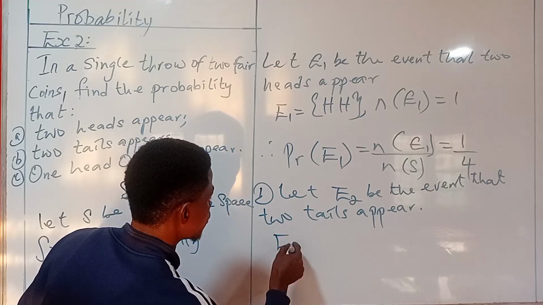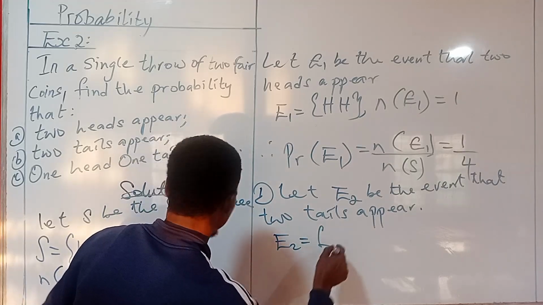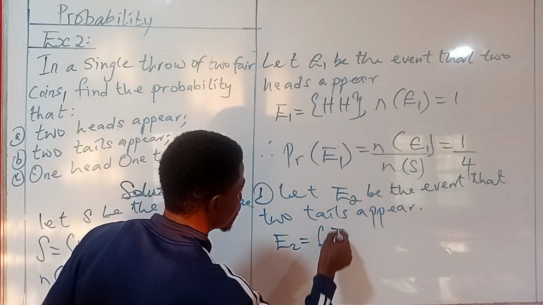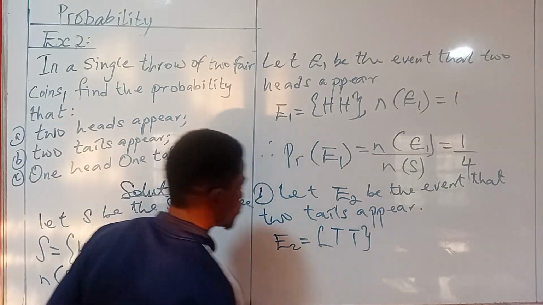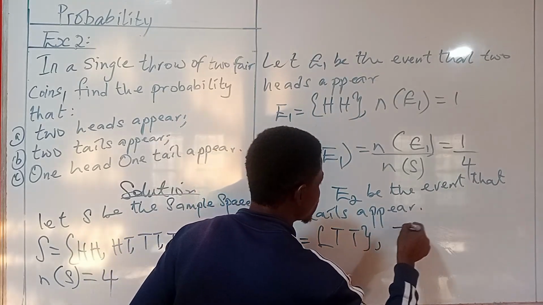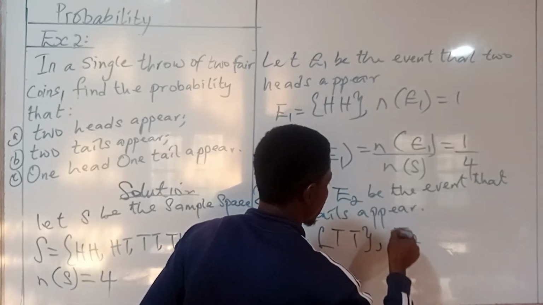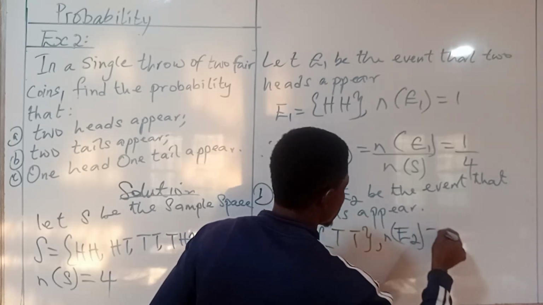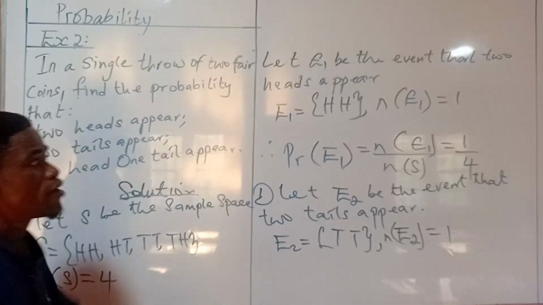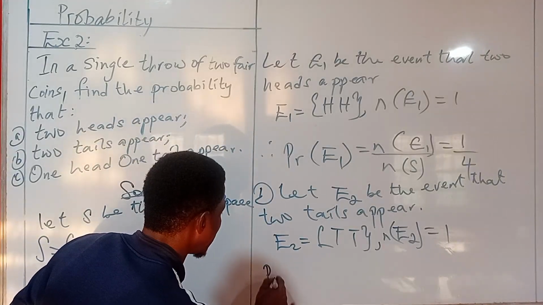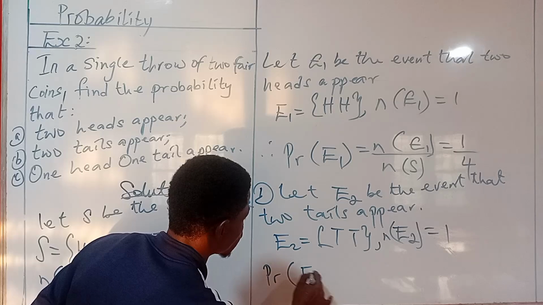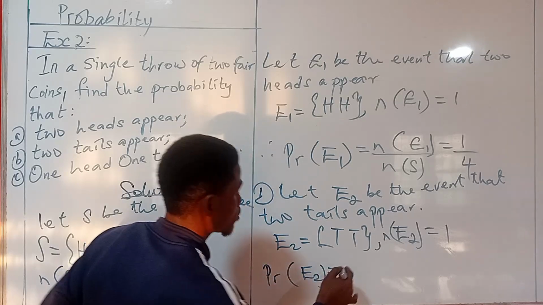So we have E2 equals, when we have 2 tails now, we have TT. And how many times do 2 tails appear? It's going to be 1 time.